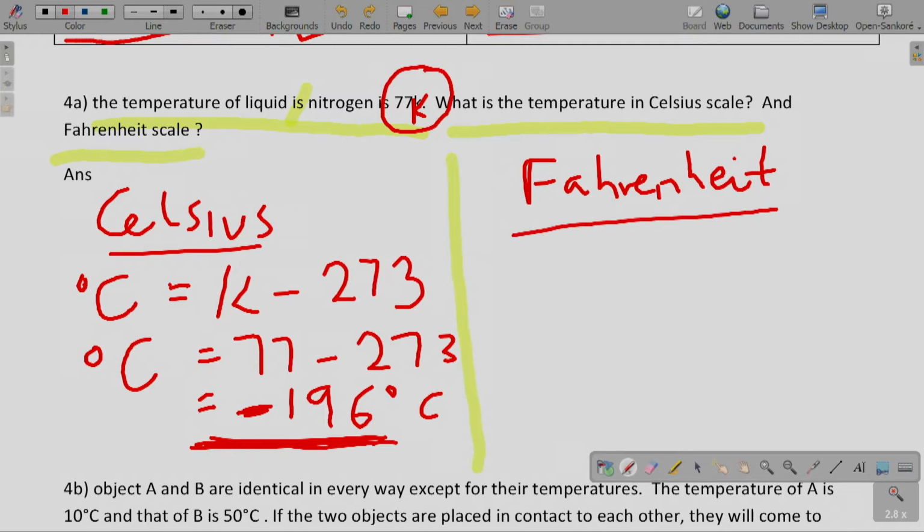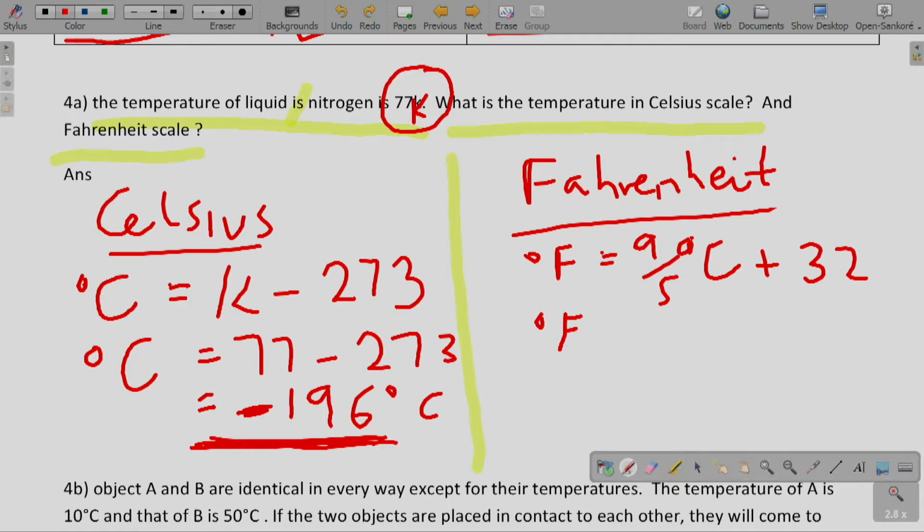Also, in Fahrenheit, if we want to write our temperature in Fahrenheit, it is given by 9/5 times the temperature in degrees centigrade plus 32. This is how you can change if something is in centigrade and you want to change it to Fahrenheit.